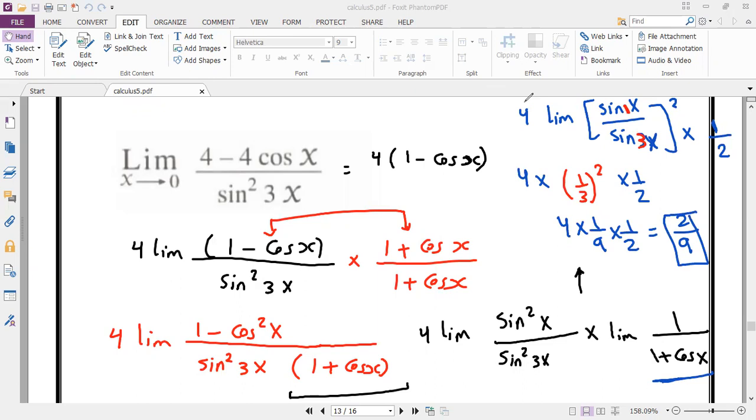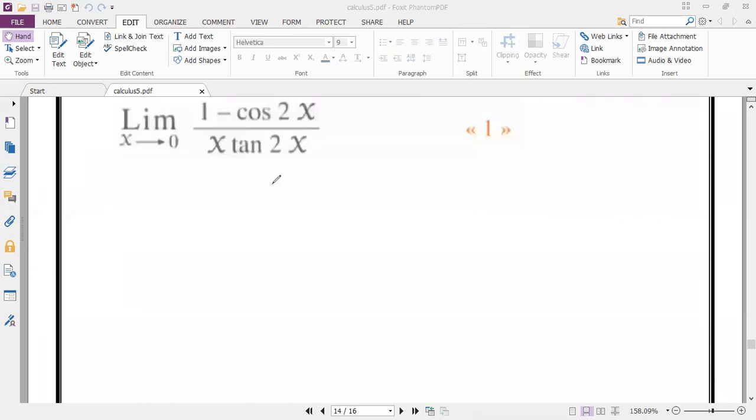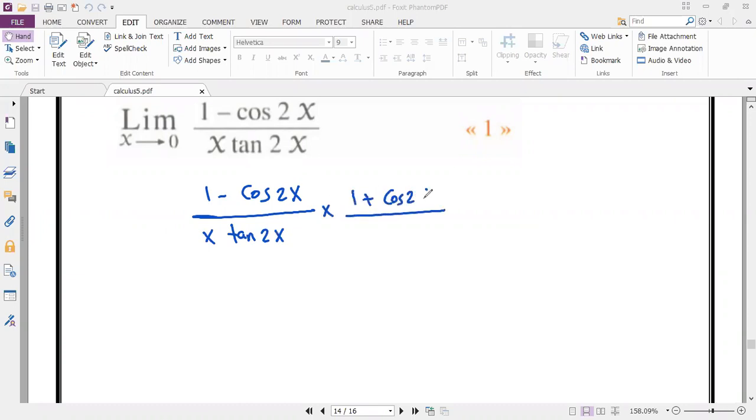Let's go to the next question. Here in this example, I have 1 minus cosine 2x over x multiplied by tan 2x. So multiply it by the conjugate. The conjugate is going to be 1 plus cosine 2x at the top and 1 plus cosine 2x at the bottom.